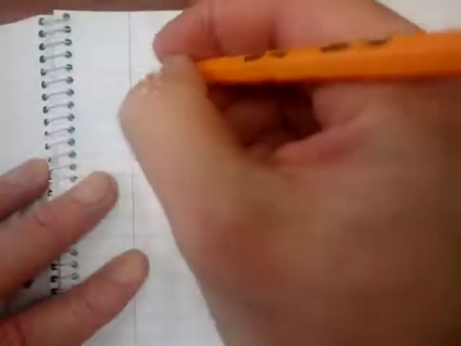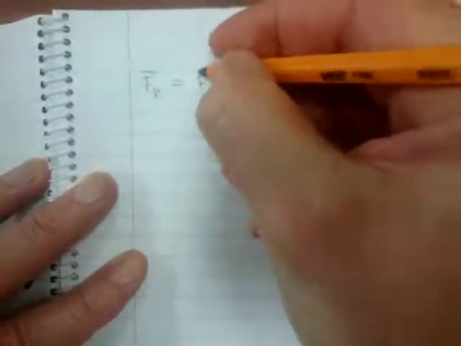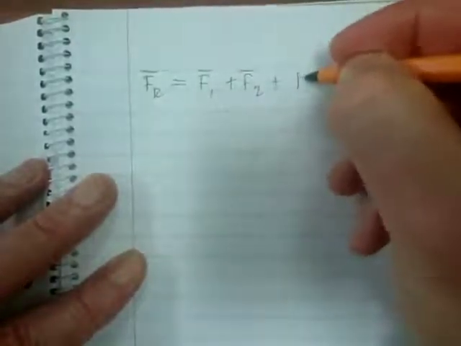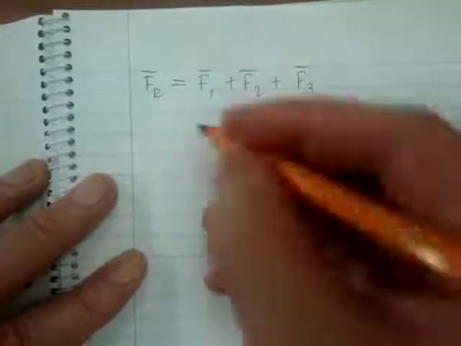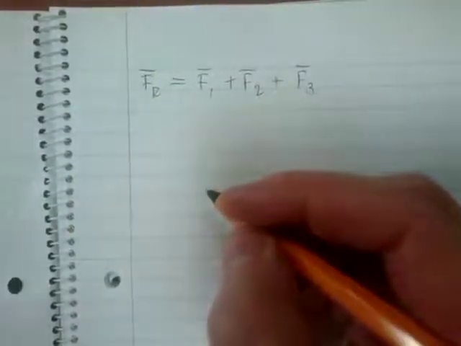Okay, so again, if I write out FR, it is equal to F1 plus F2 plus F3 in vector form. So what is our FR?